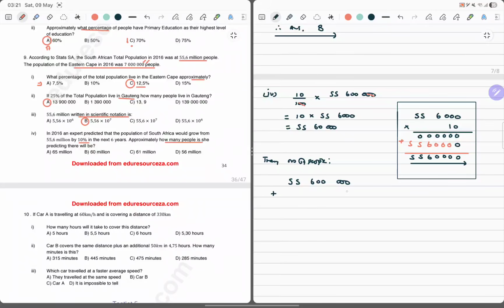Now we start with the units. So this is going to be 0, 0, 0, 60. Then there has to be 0 now here because that's on the millions. I hope I'm doing the right thing.